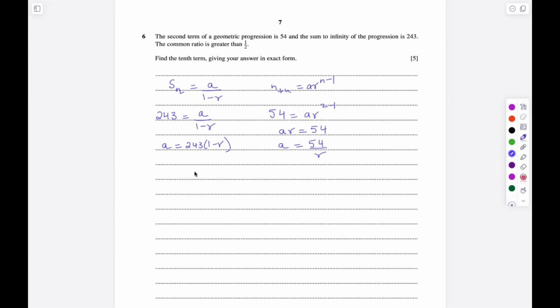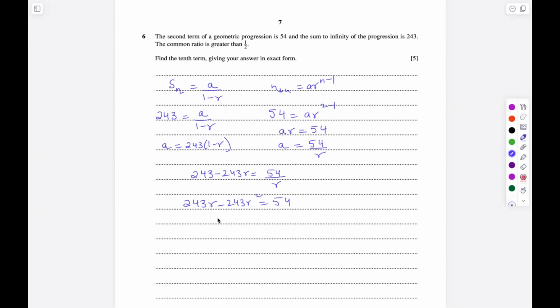Next, equating the two equations, we'll get 243 minus 243r equals 54 upon r. Cross multiplying, this will become 243r minus 243r squared equals 54.